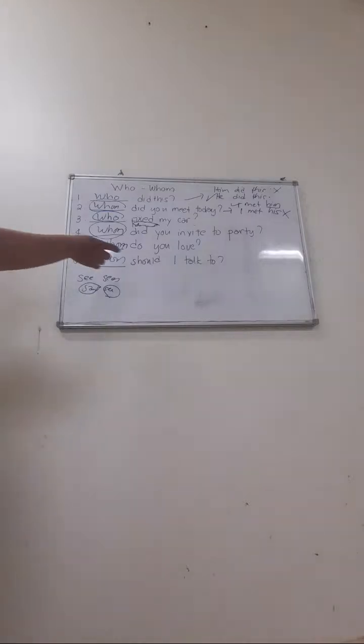See, whom should I talk to? Meaning you are not really sure. You get the point? It looks pretty simple, but it looks also complicated to analyze, right? If you don't really know the English language, sometimes we will be mixed up with this. Get the point? Any questions so far?